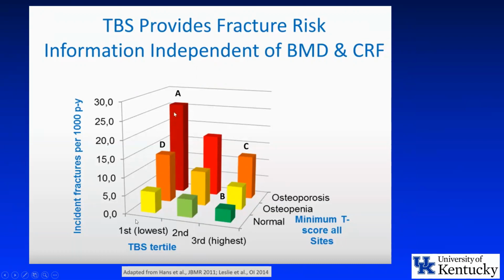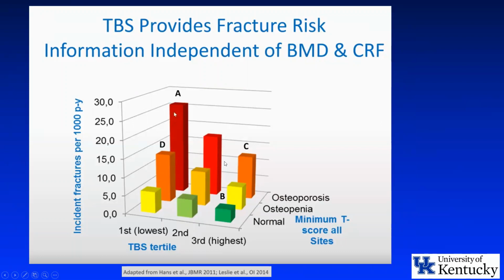Of course, if they also have low TBS, bad bone quality and bad microarchitecture, this patient will have the highest risk for fracture. On the other hand, this green box patient has normal BMD and normal TBS. So this patient has the lowest risk of fracture.